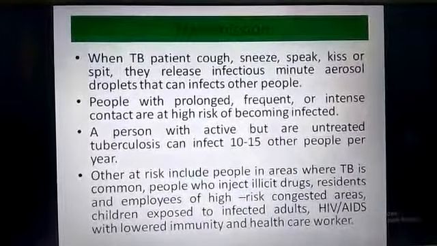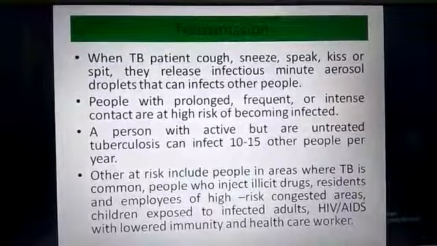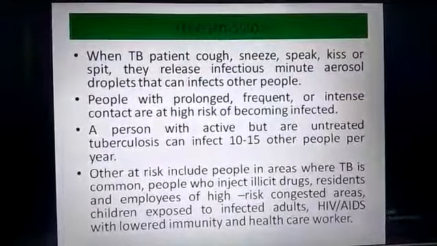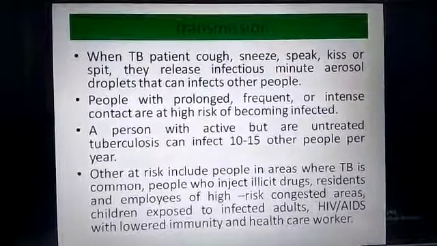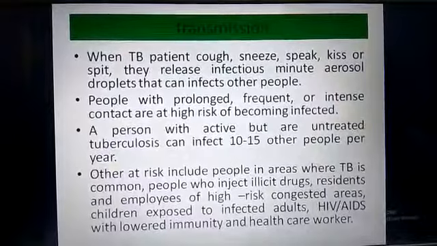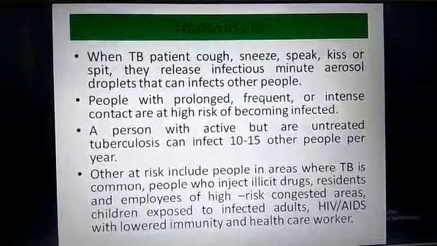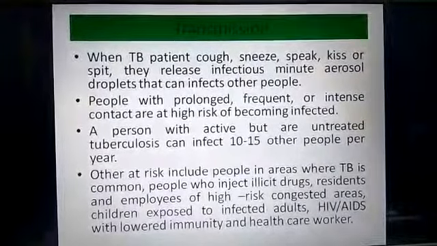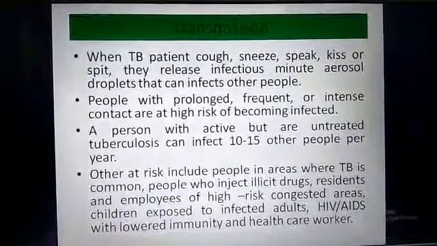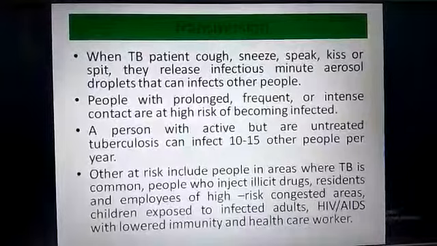Suppose a person spends a longer duration or very often with the infected person, then that person is at high risk of contracting the bacterium. A person with active TB, but not treated, can infect 10 to 15 other people in a year.